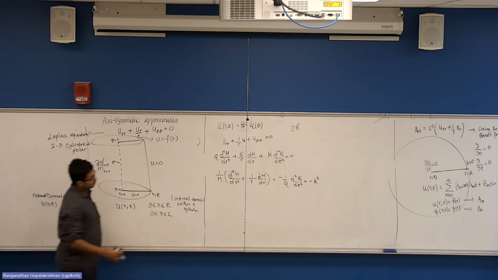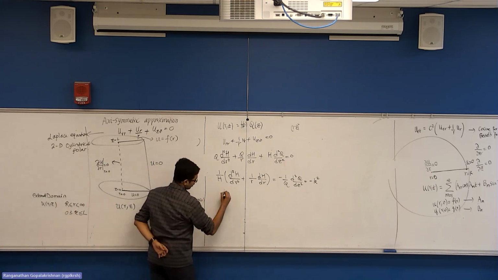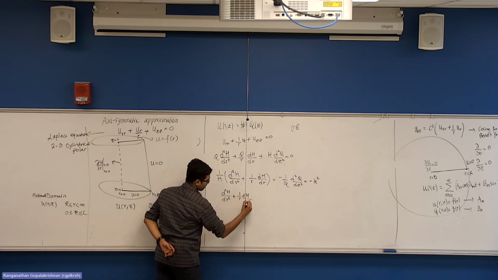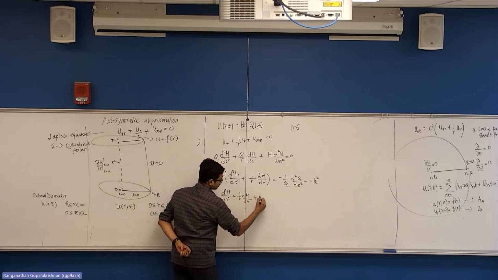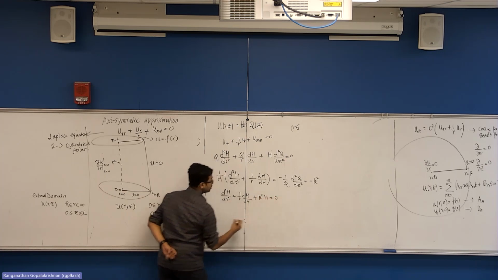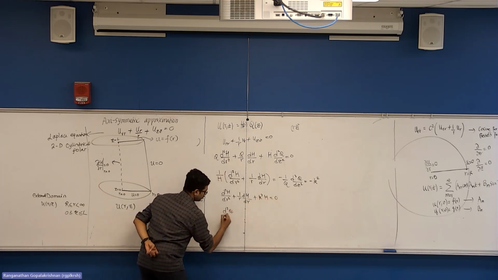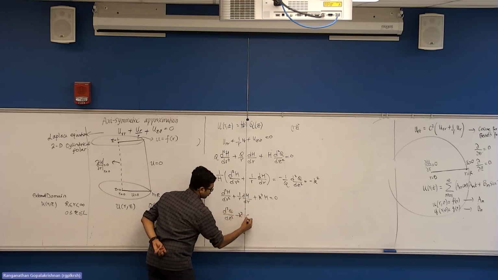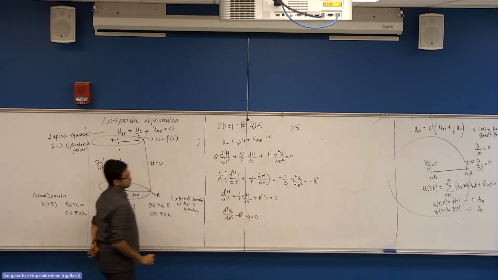So you get two ordinary differential equations, one of which is d squared h over dr squared plus 1 over r dh over dr plus k squared h equal to 0, and d squared q over dz squared minus k squared q equal to 0.